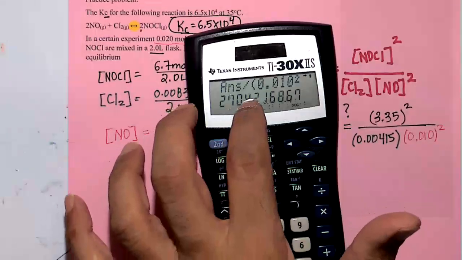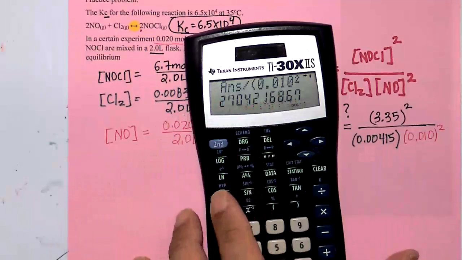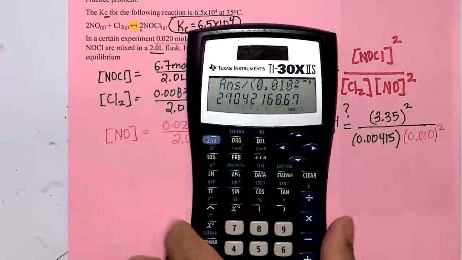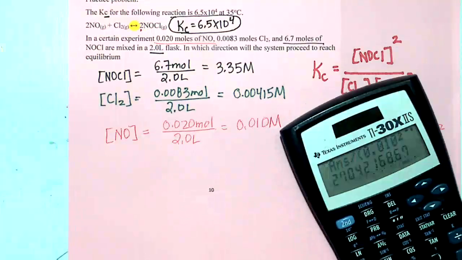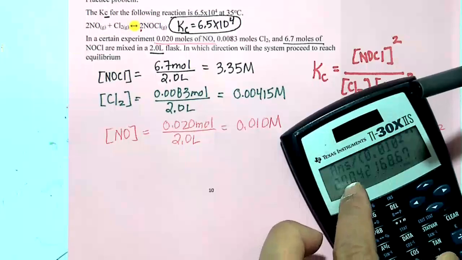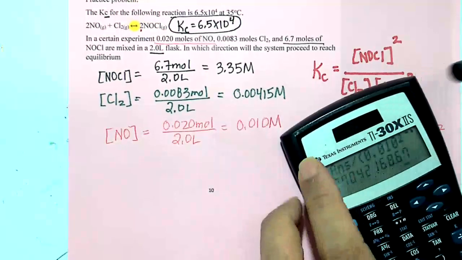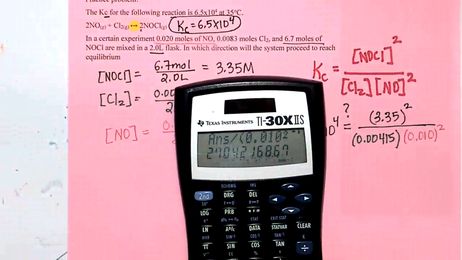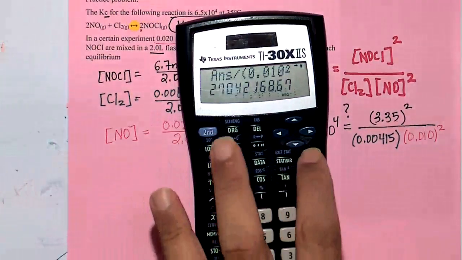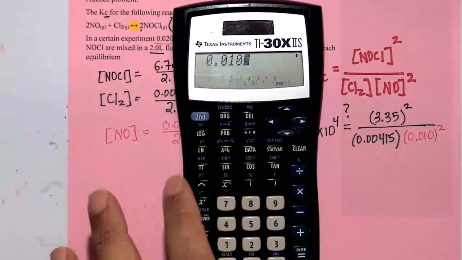What is that? 2.7 times 10 to the 7th? Is it 7? Yeah, 2.7 times 10 to the 7th. Okay, let's do that again here.